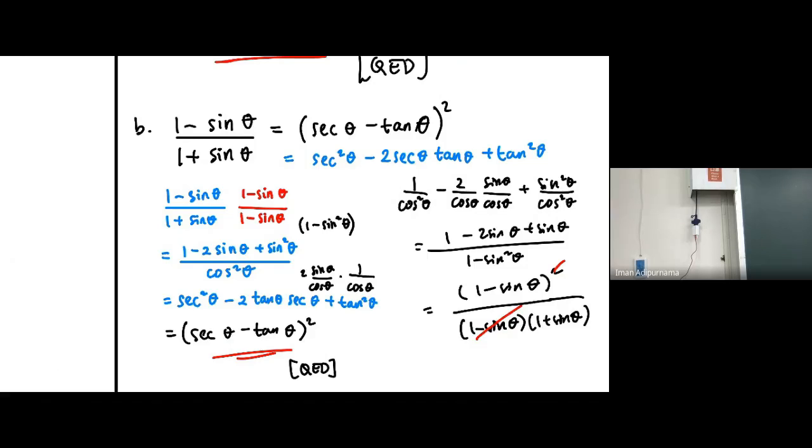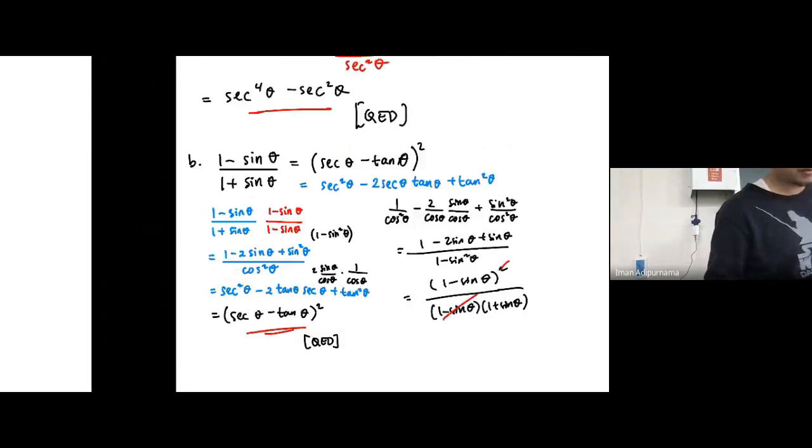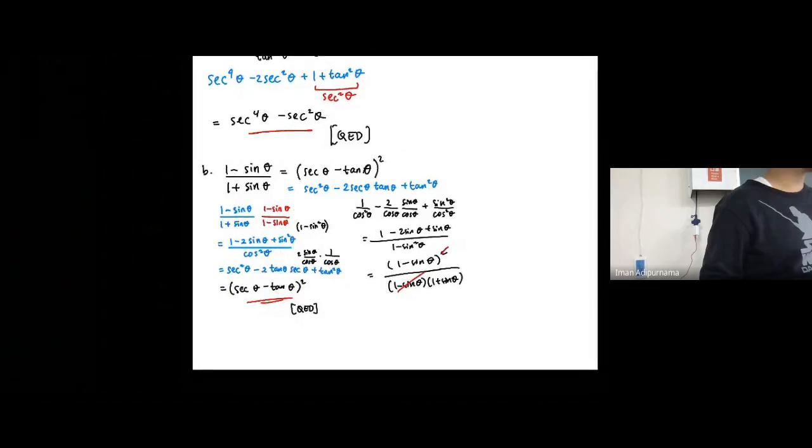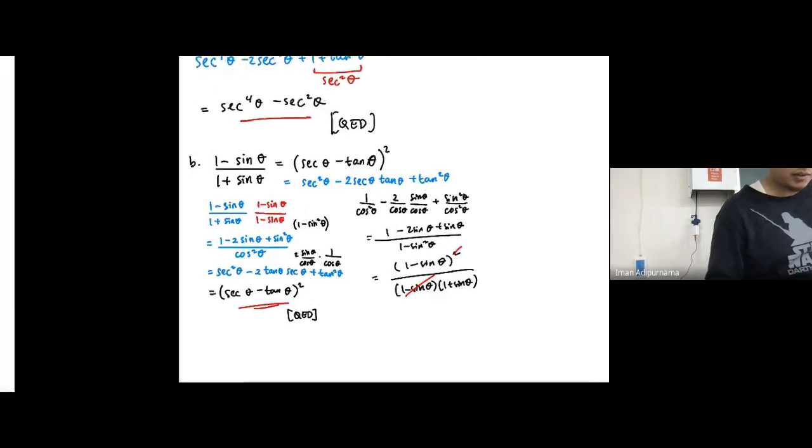In any course that has the concept of kinematics, you need to master trigonometry. And if you're still confused about how secant theta becomes 1 over cos, then I suggest you relearn all the basic concepts. So that's number 1. I think most of you are able to solve this one.